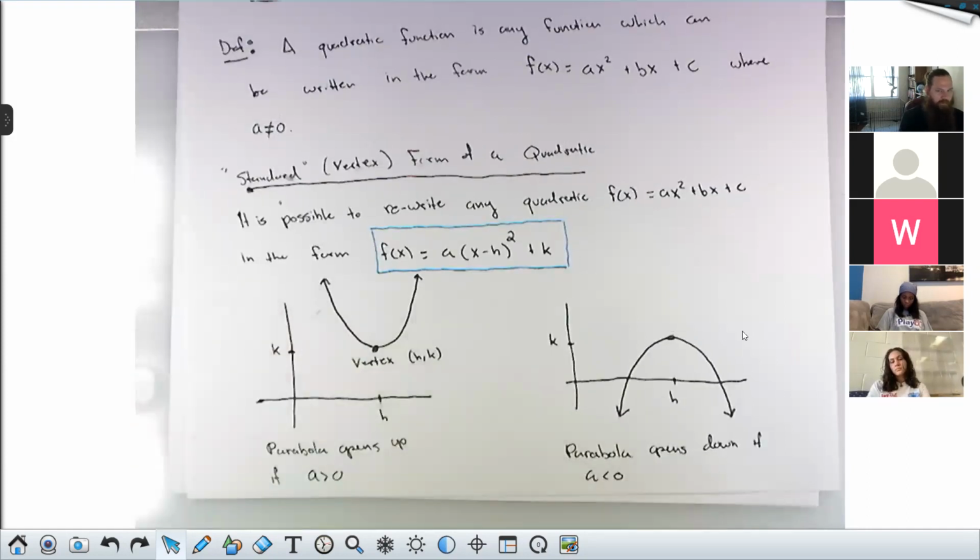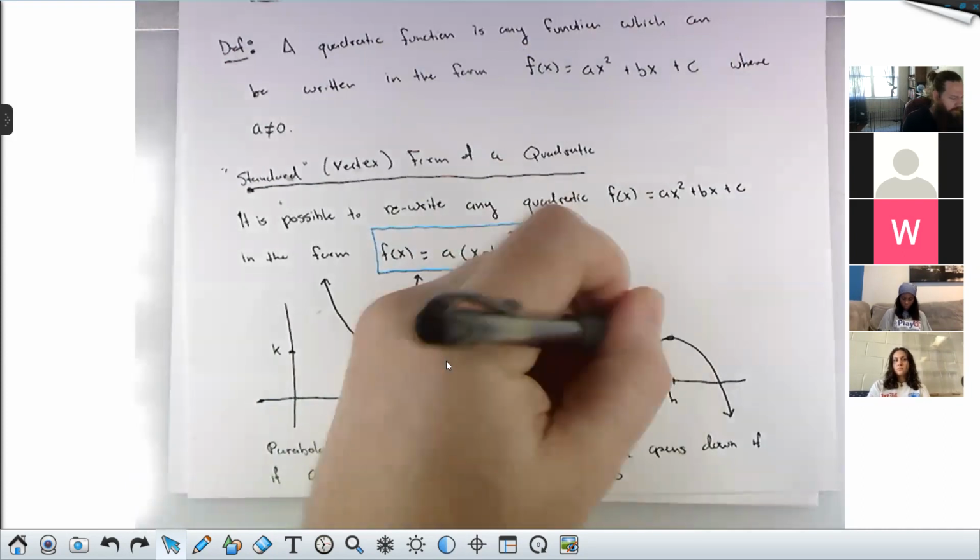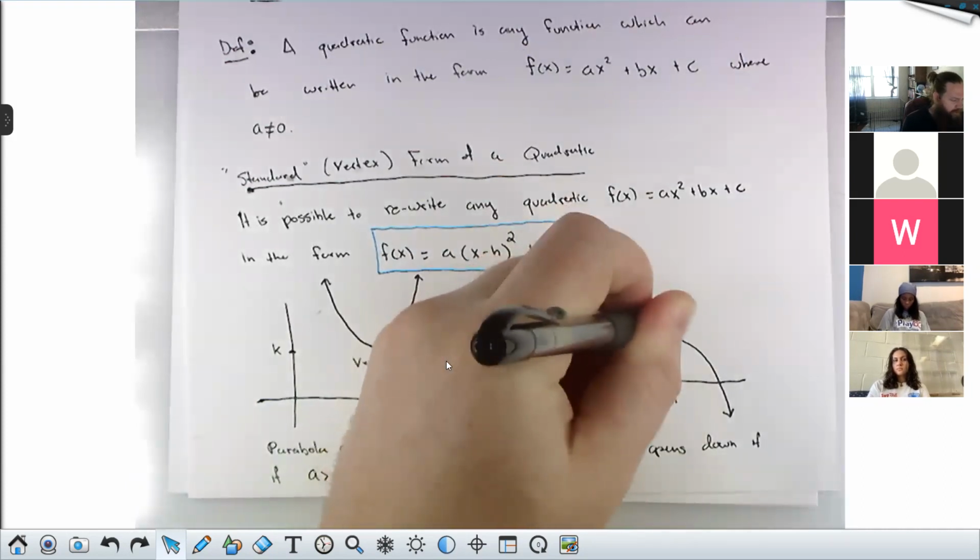One of the big questions is, how do I take a quadratic from this form and put it into this form? And we're going to address that. There's a few ways to do it. If you have the graph, you can read off the vertex, still h comma k.